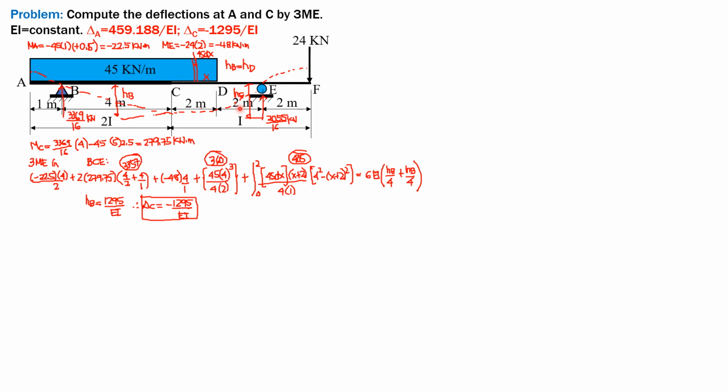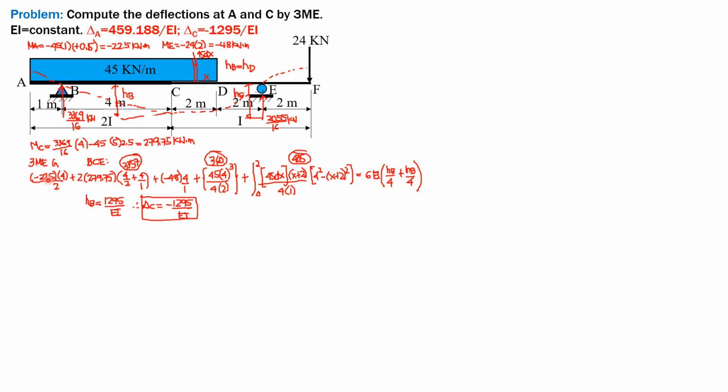Or it is equal to 2055 over 16 times 6 minus 45 times 2 times 1 minus 24 times 6. So the moment at C is 279.75 kilonewton meter.